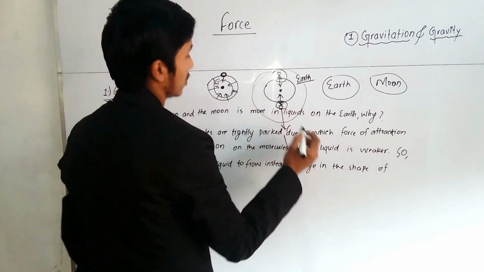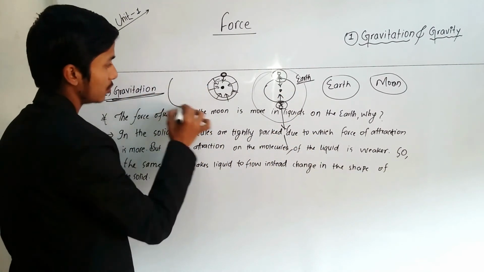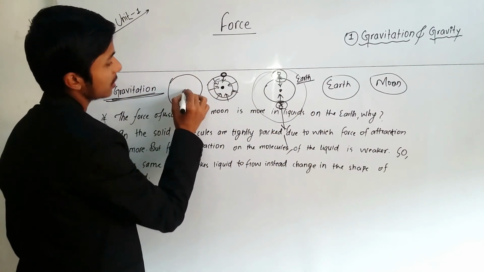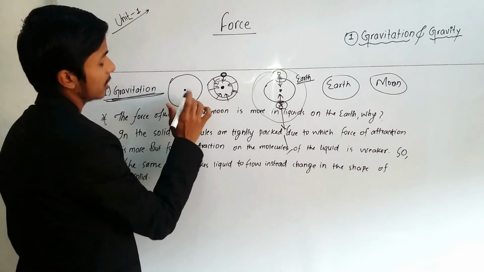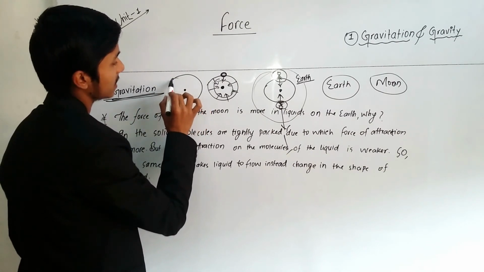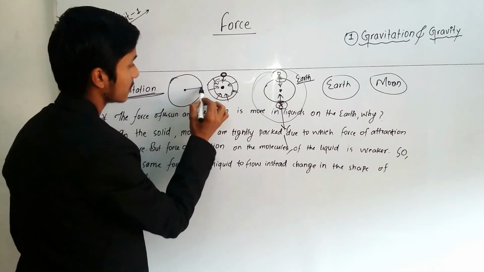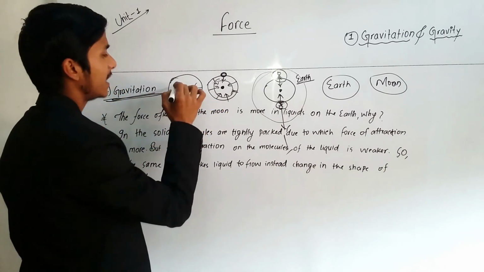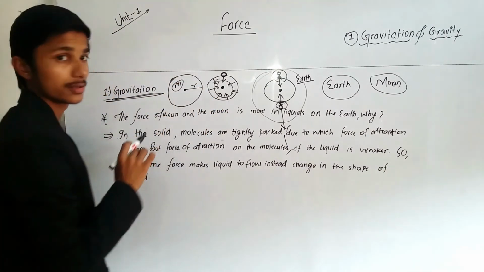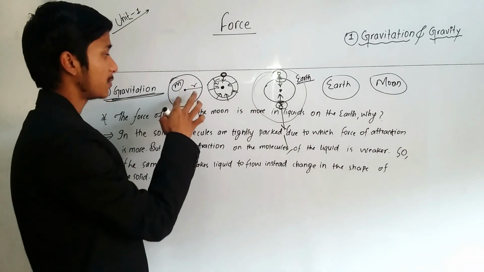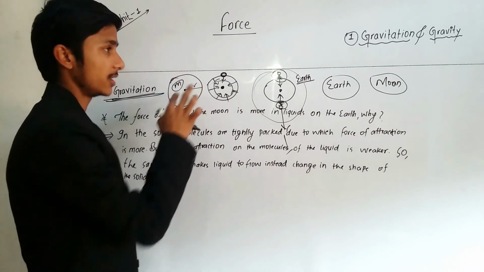Suppose this is earth with center, then this is its radius, and it has some mass. Then the gravity depends upon this mass and radius.